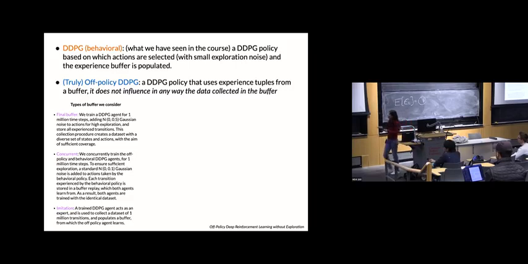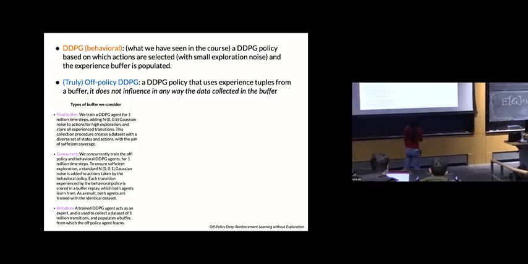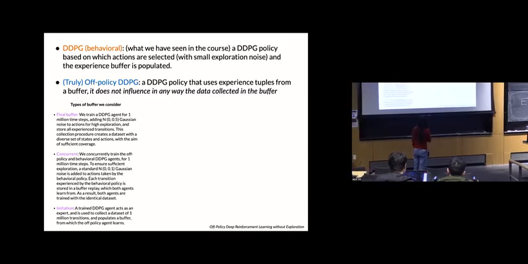The first is going to be a final buffer. We'll train DDPG for 1 million time steps, with a little bit of Gaussian exploration noise, and we'll store all the experience transitions. Then we'll take this experience buffer and give it to the blue DDPG to learn from. Is that clear?